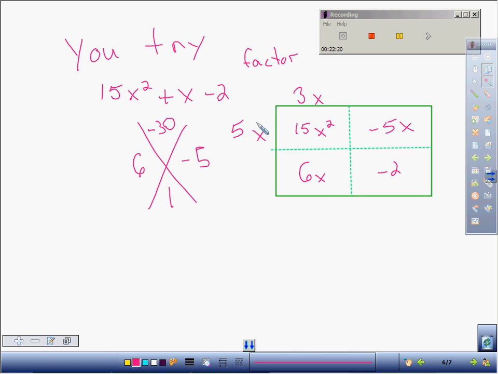So 3x times what number will give me this 6x? 2. Plus 2. And 5x times what will give me negative 5x? Negative 1. There's my two factors. 5x plus 2 times 3x minus 1. There you go. That's a little tricky.